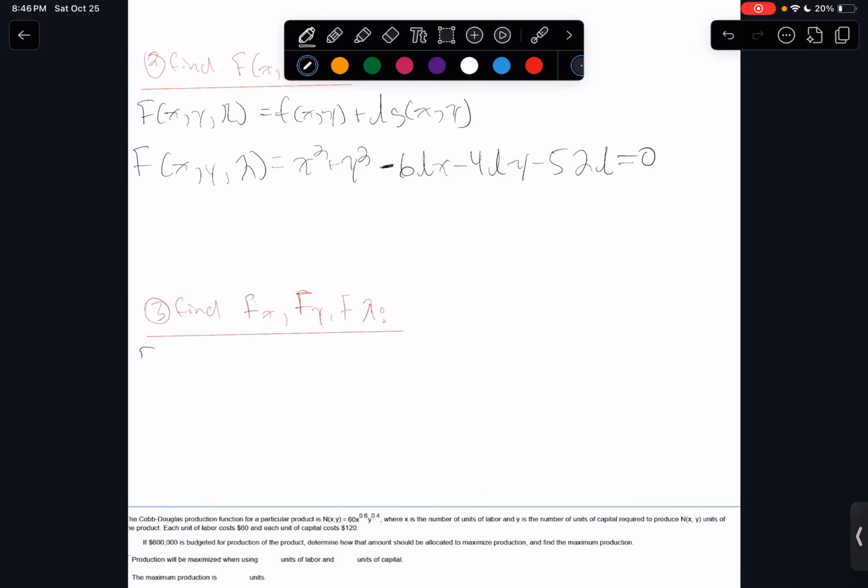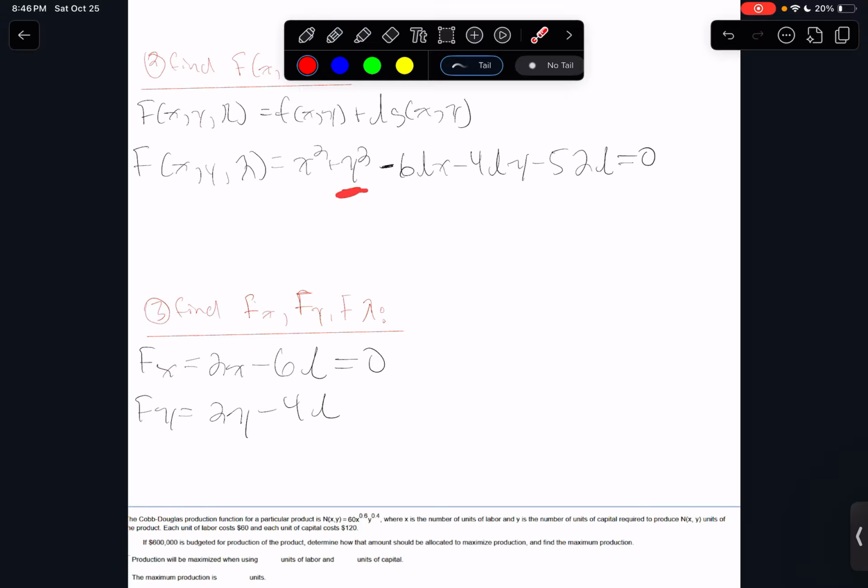First off, we're going to start with capital Fx. We're going to make that equate to 2x, which is the derivative of this. This is going to go to 0, minus 6 lambda. We're going to set this equal to 0 because everything else goes to 0. We have no x values here. Now we're going to find Fy, which equals 2y minus 4 lambda.